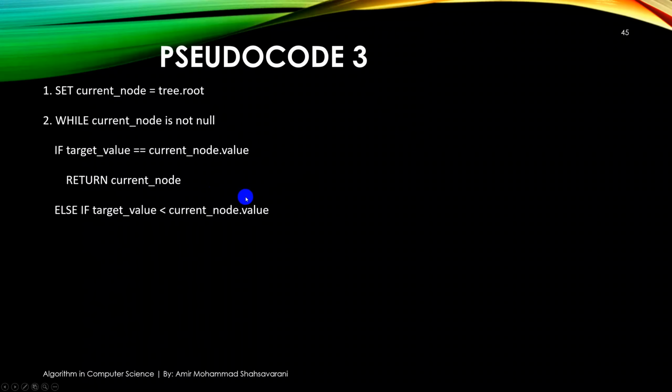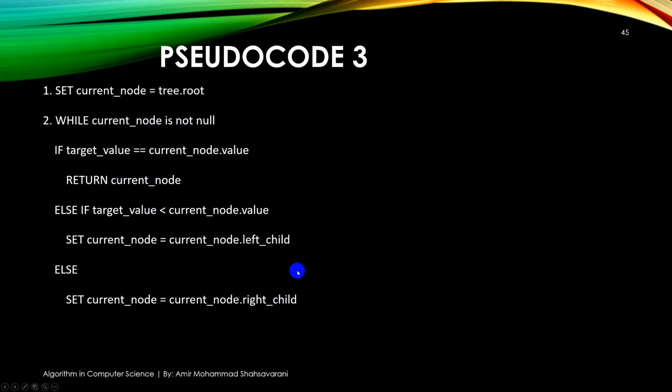But else, after this, if our target value is less than current node value, set current node to current node.left child. Else, in binary tree searching, we go from left to right in order to understand all and explain all three.